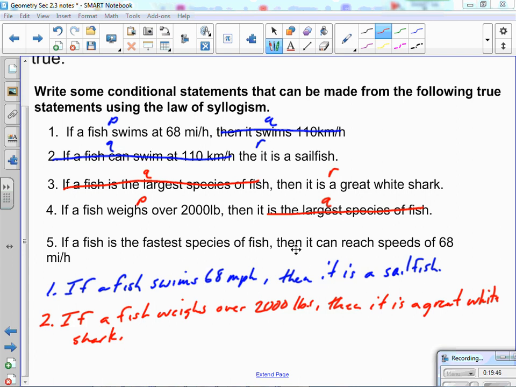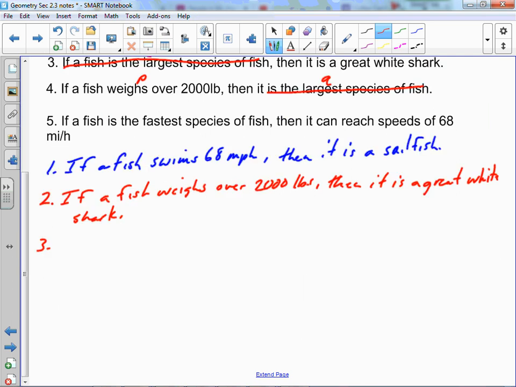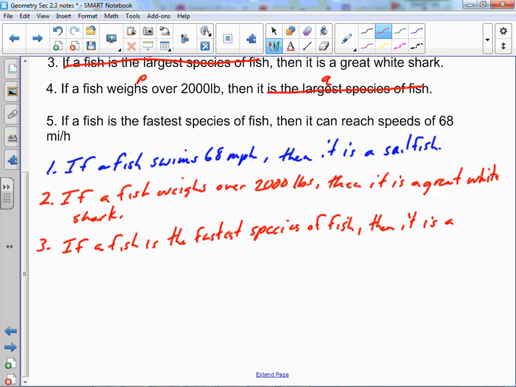So the 68 miles per hour, if we cut those two out, then we can get a third statement that's going to say if a fish is the fastest species of fish, then it is a sailfish.